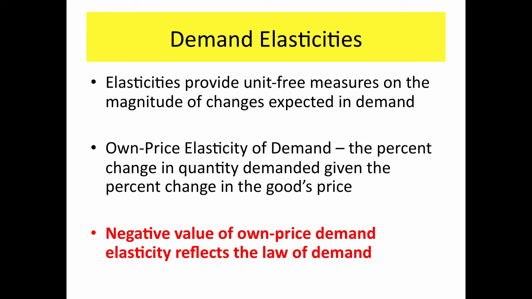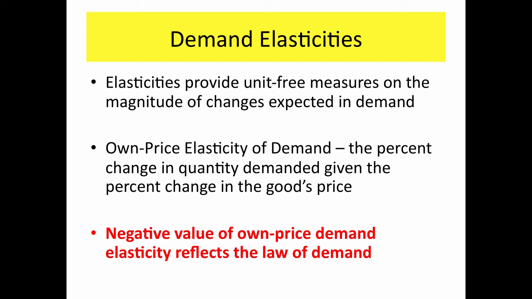And an own price elasticity of demand is simply the percent change in quantity demanded given the percent change in the good's price. Now you have to remember the law of demand here, because the law of demand says that there's an inverse relationship between price and quantity. So that means if the price goes up, demand goes down. So if there's a 1% increase in price, there should be some percent decrease in quantity demanded.